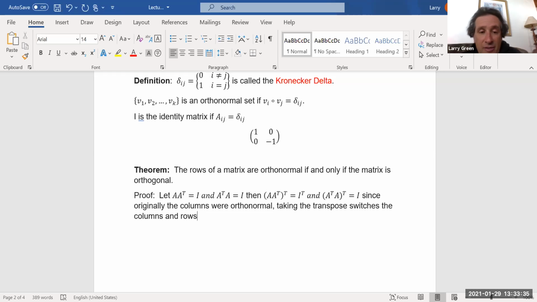So therefore, that's true. We're done. And that's the good news, that taking the transpose works. So that says that if you want to check to see if a matrix is orthogonal, you can either look at the rows or you could look at the columns. And as long as you get an orthonormal set, however you look at it, then it's orthogonal. Any questions on that idea?